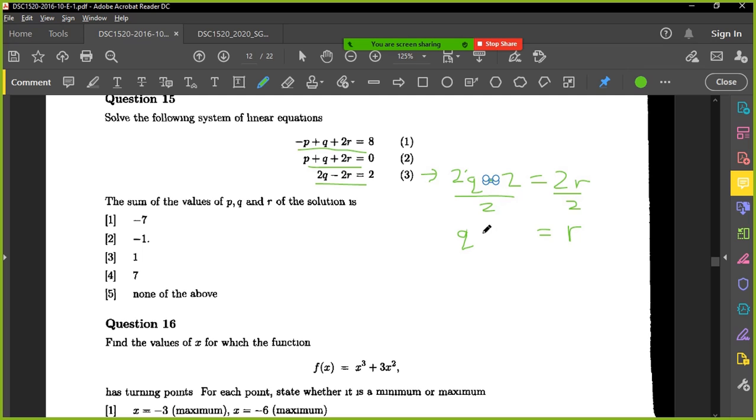So then you're going to end up with Q minus 1, so then you've got R. Then you can plug that into the second one. Only the second one? You're going to do the first one as well. Both of them, yes. So you're saying put it into that one and that one. So, number one.